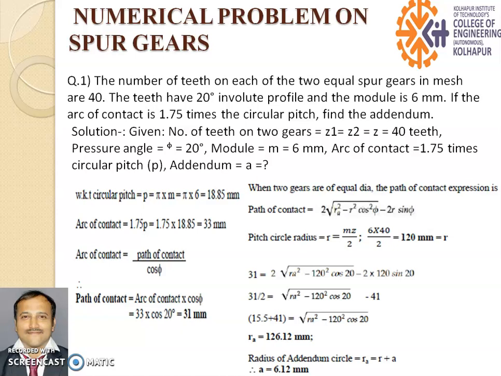Then if we put the path of contact 31 mm on the left hand side of this relationship, we can calculate the value of radius of addendum circle. So if you look at this figure, radius of addendum circle is equal to 126.12 mm.